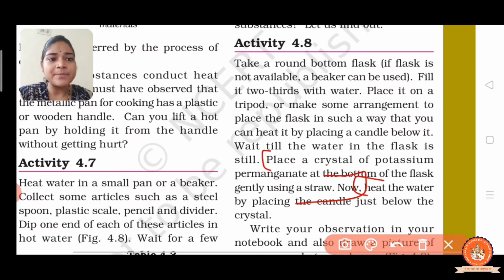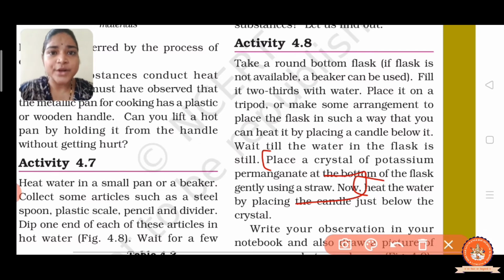Now heat the water by placing the candle just below the crystal and observe what happens. Right? After a few minutes, we observe that when heat is applied at the bottom of the conical flask, the molecules of water expand and hot water rises up. Right?